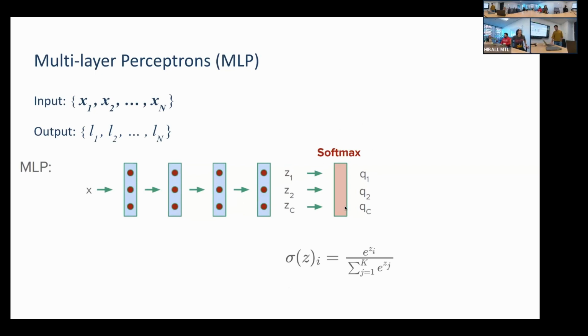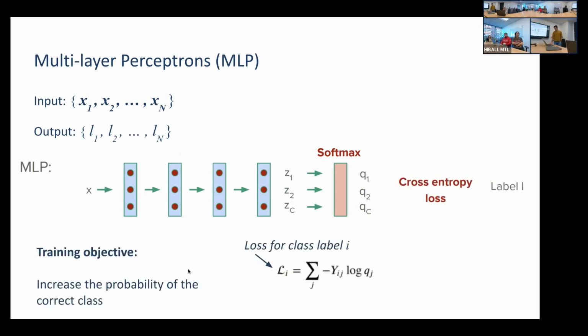Then it passes through a nonlinearity called softmax, which turns these values, Z1 to ZC, into probabilities. Now we will have Q1 to QC, which is the probability of each class, given a specific input. It normalizes these Z values to give us these probabilities. They sum to 1, and they're between 0 and 1. And so this is basically the architecture of the network.